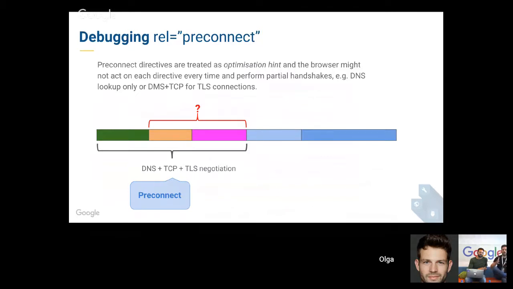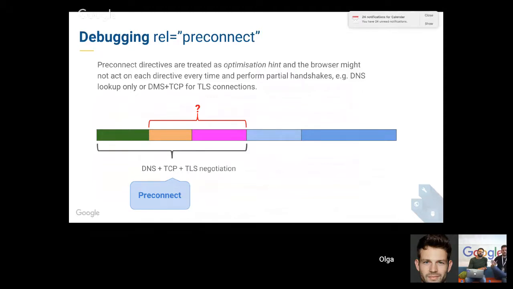It's always a trade-off. If you preconnect, it might not always be the best for speed. So the browser is doing a lot of work trying to figure out when it's best to actually preconnect. There might be a situation where you use preconnect, but in the end only the DNS lookup happens, or only the DNS and TCP or TLS connections. Sorry, there's a typo. It should not read DMS, but DNS.